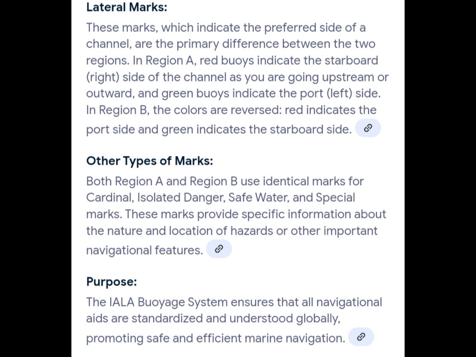Both Region A and Region B use identical marks for cardinal, isolated danger, safe water, and special marks. These marks provide specific information about the nature and location of hazards or other important navigational features. The IALA buoyage system ensures that all navigational aids are standardized and understood globally, promoting safe and efficient marine navigation.